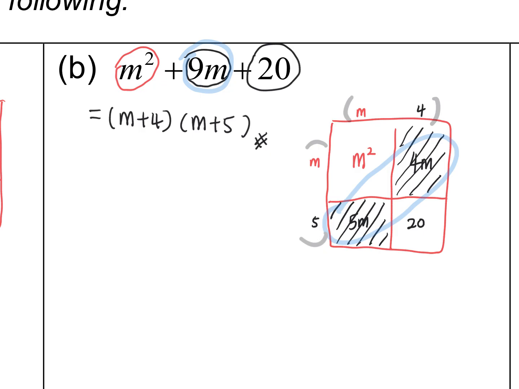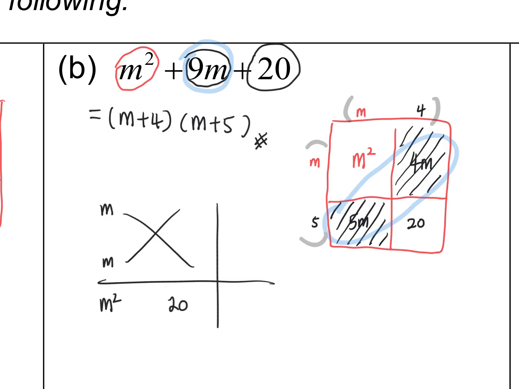Okay, alternatively, you can use this. So m times m. This is 20, so 4 and 5. Diagonally, you multiply. So at the last column, these are your 2 answers.